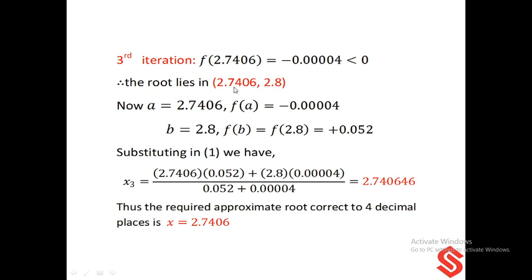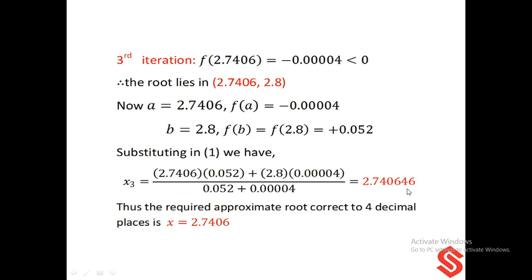So taking the value of a as 2.7406 and b as 2.8, we have f of a and f of b. Substitute in the formula 1, we get the third approximation, that is x3 is equal to 2.740646.